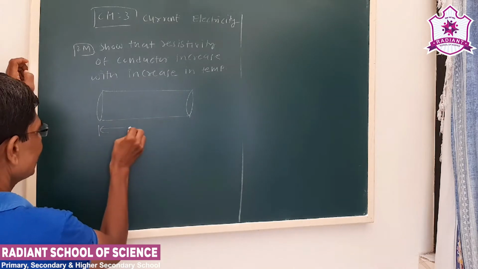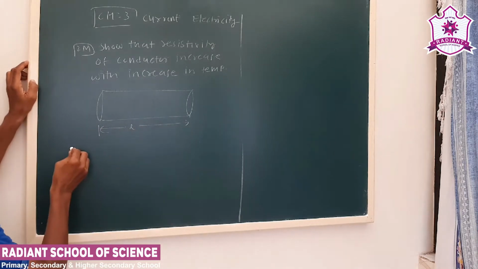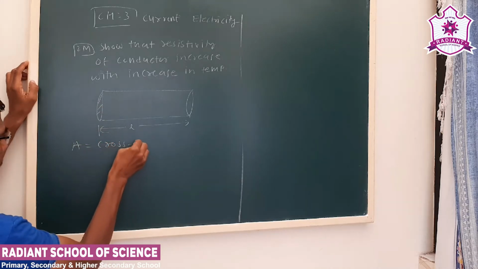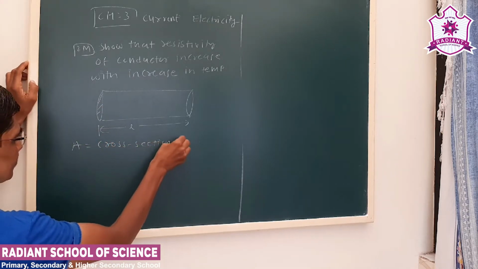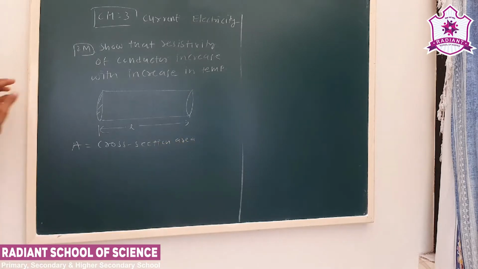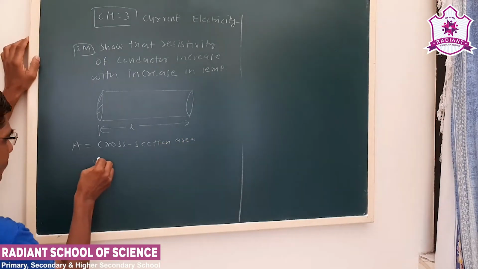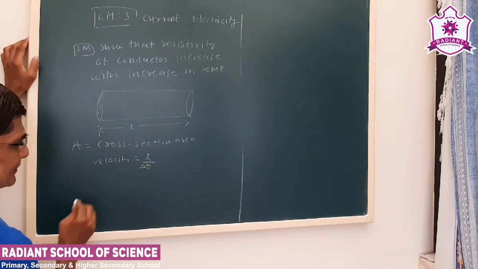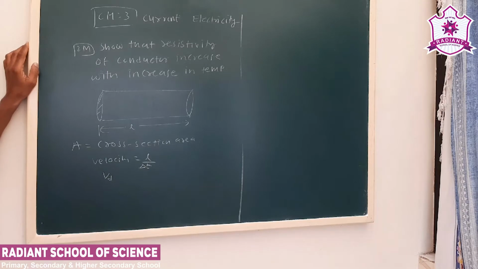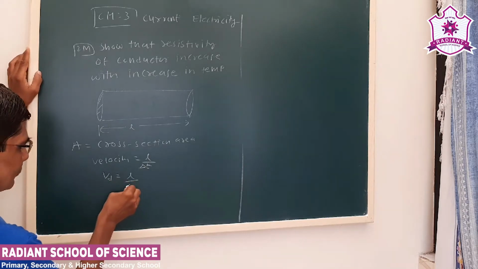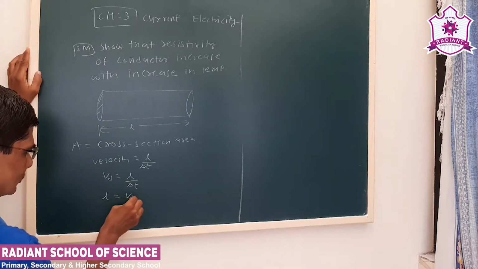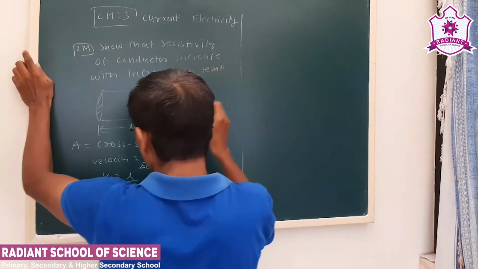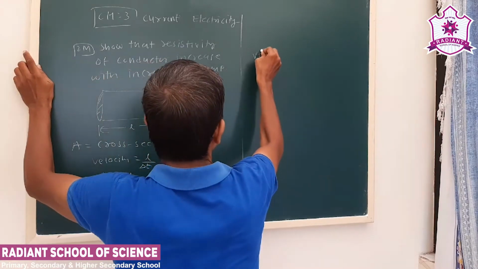Let us say the length is L, and A is the cross section area. Now see, we know velocity is length upon time. So let us say Vd is our drift velocity, Vd = L upon delta T, so L is equal to Vd into delta T. Now the area is A, so the volume will be A Vd delta T.